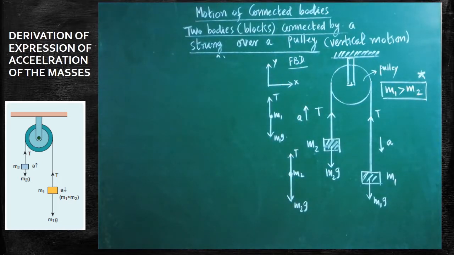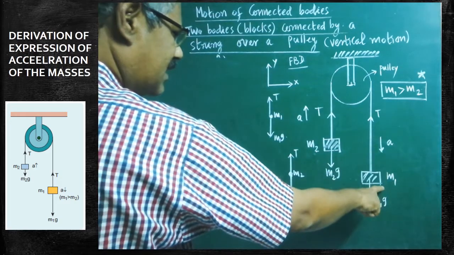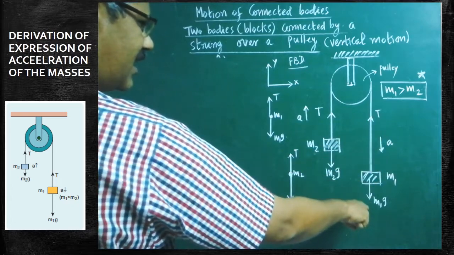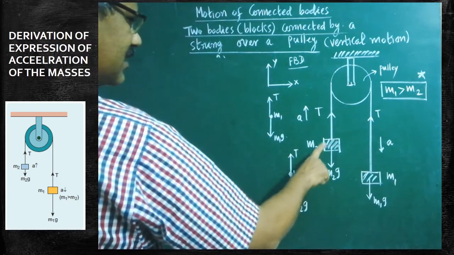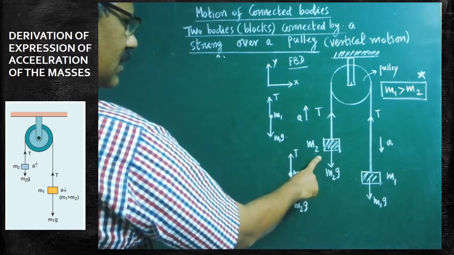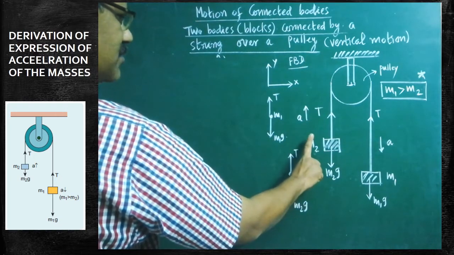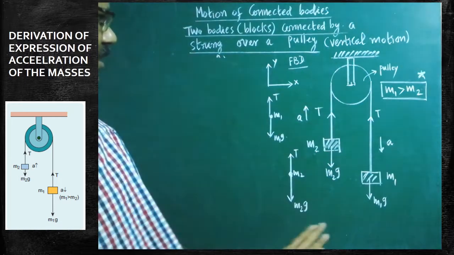Okay. In the case of mass 1, since it is moving towards downward direction, the acceleration a is acting towards downward direction. In the case of m2, since the mass moves in the upward direction, the acceleration direction must be taken in the upward direction. Note down.